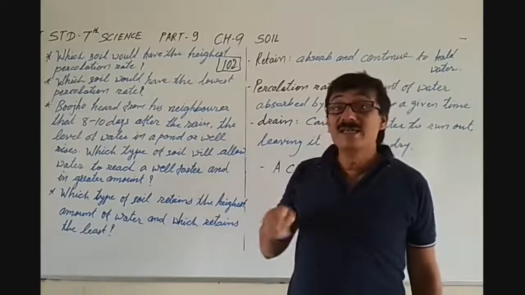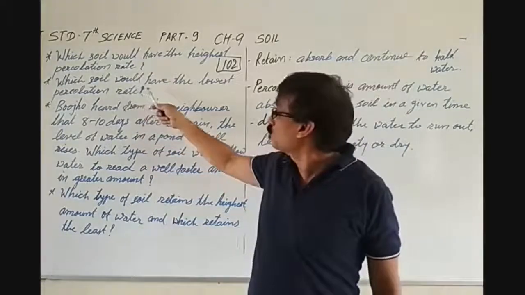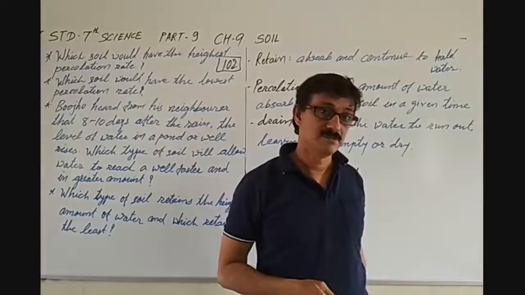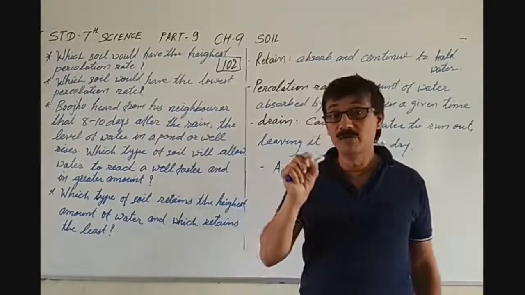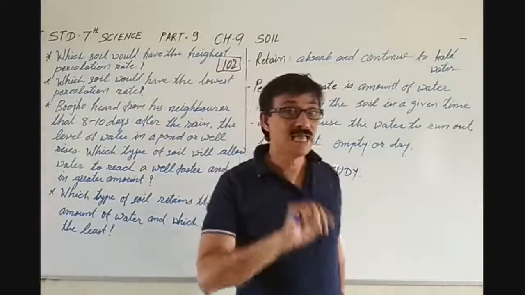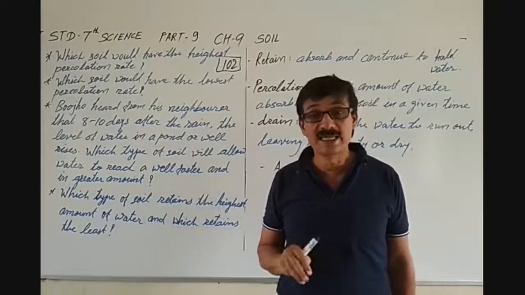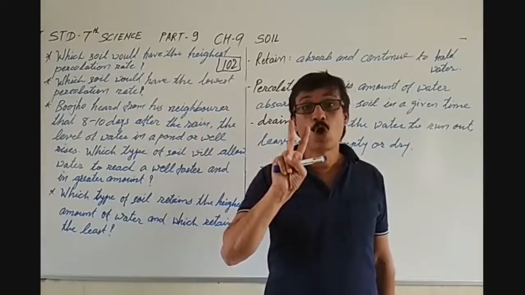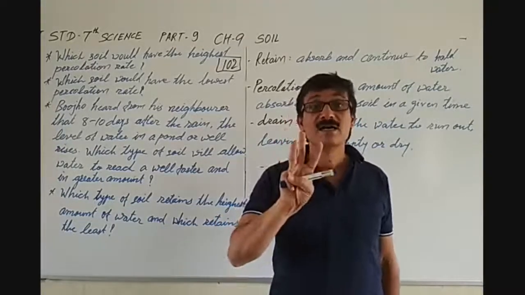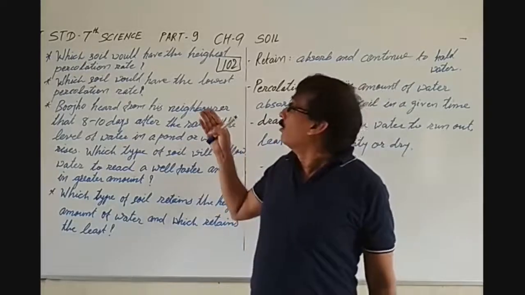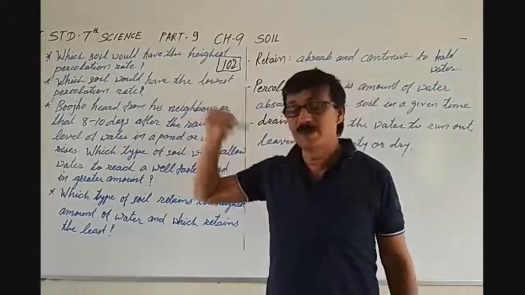Now, the next question is, which soil would have the lowest percolation rate? Now, you know there are three types of soil. One of them is sandy soil, second one is loamy soil, and third one is clay soil, isn't it? Now, which soil would have the lowest percolation rate?